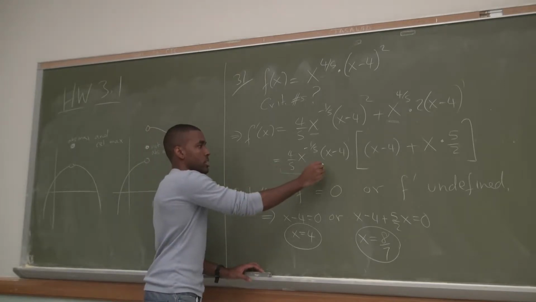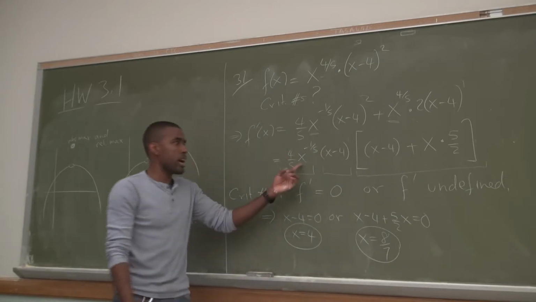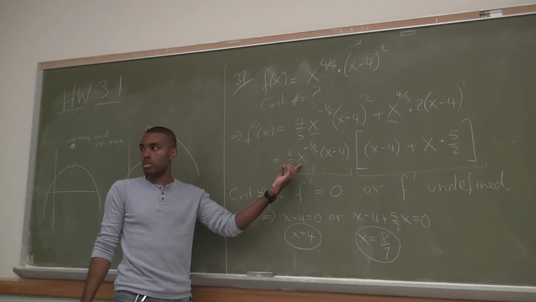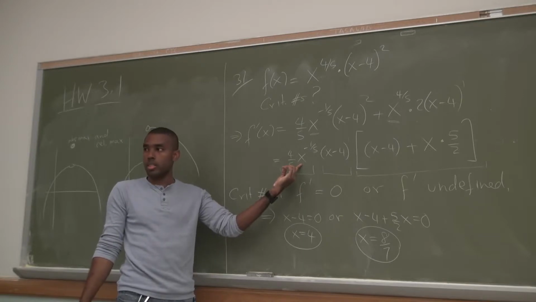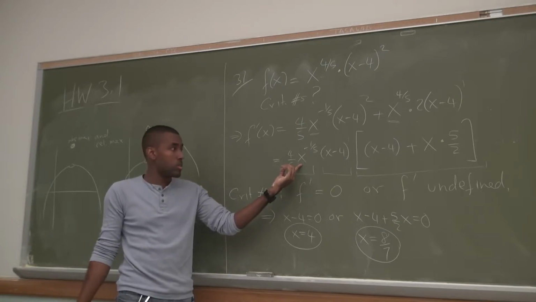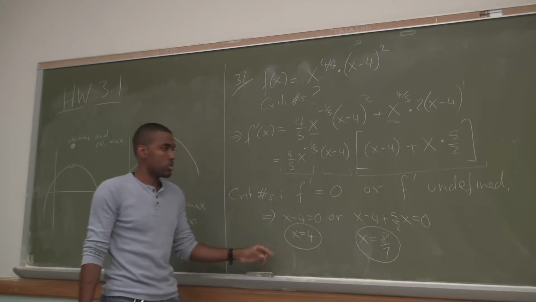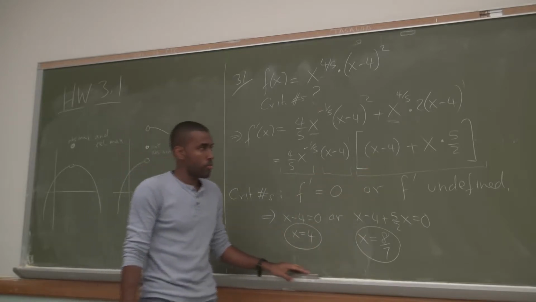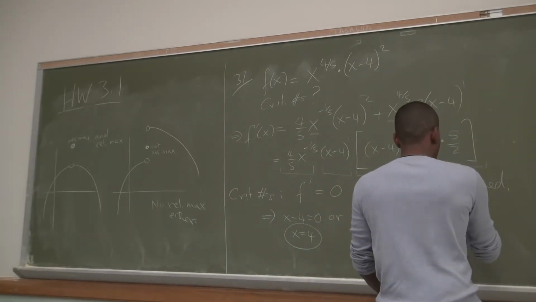You have this guy, that guy, and this guy. Is this guy ever 0? No, this is 1 over x to the 1/5, right? It's never 0, so I ignore that. This can be 0, and that can be 0, so I find those.